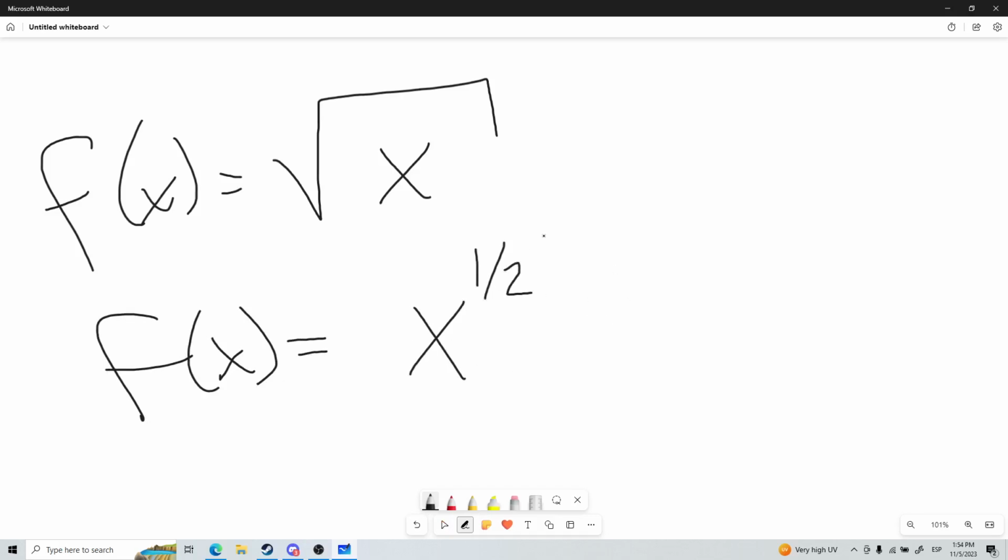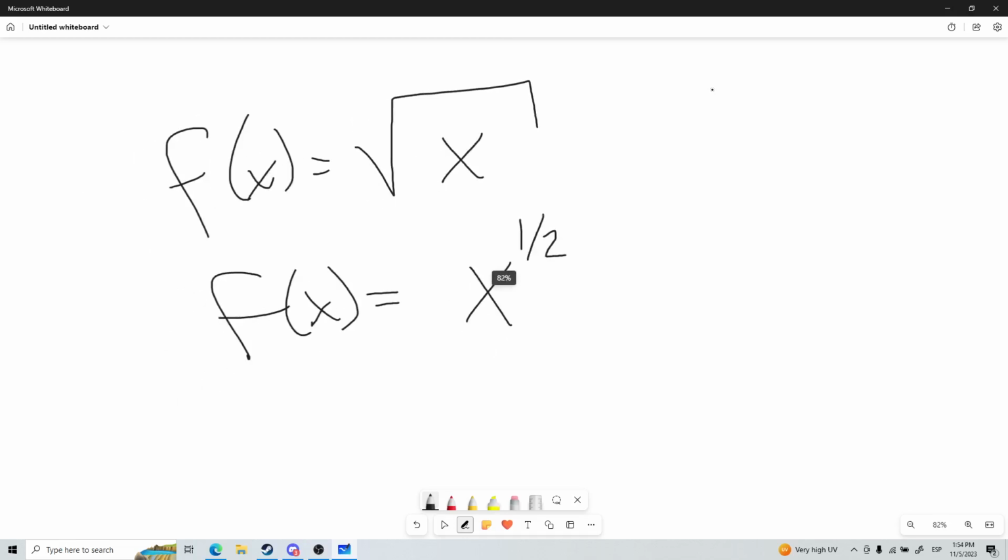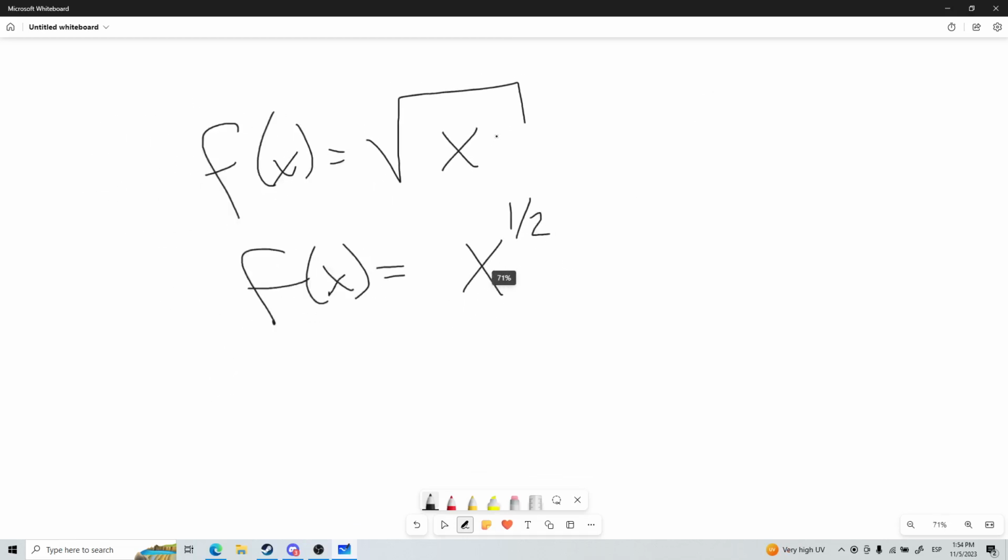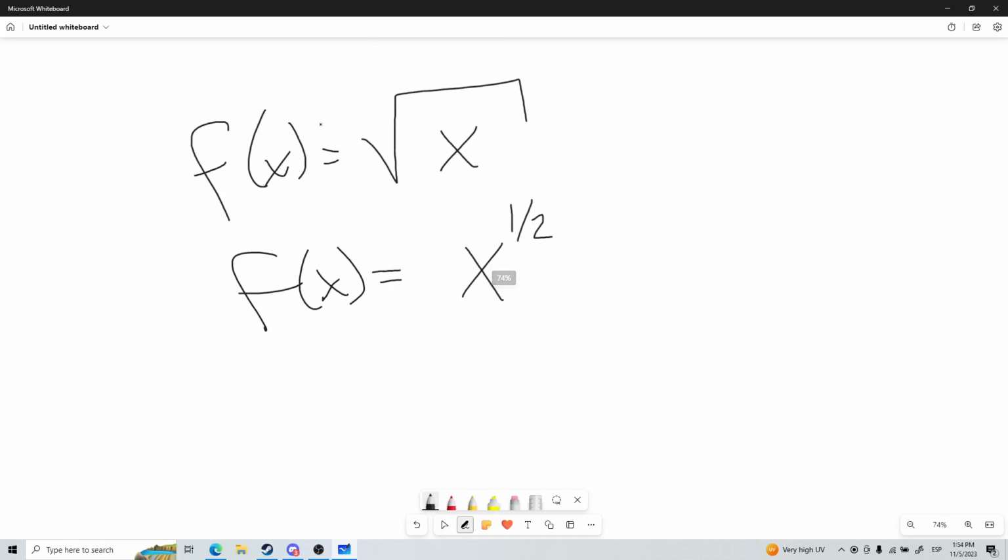I have a video explaining this in more detail. It's called Square Roots 101. And so before I do the derivative, I leave it with an exponent on top so that it's easier to do the derivative of an exponent.